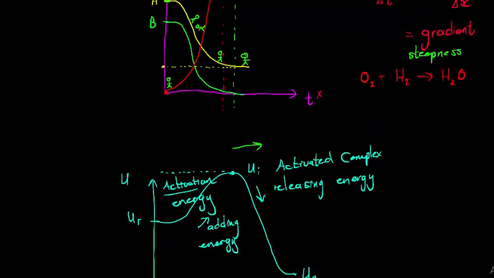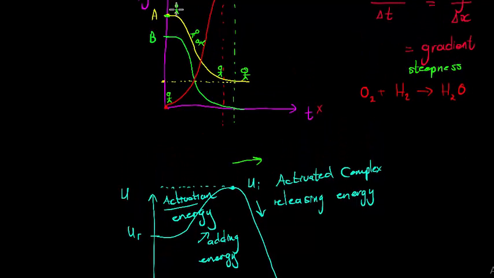And that is why we have this initial slow slope. There are only a few successful collisions in the beginning, but as it starts happening, as we add the energy, at some point the system itself starts releasing energy, and that causes this sudden rundown.